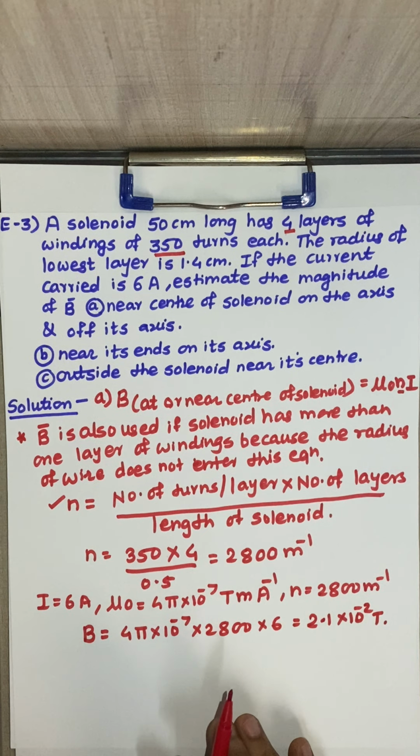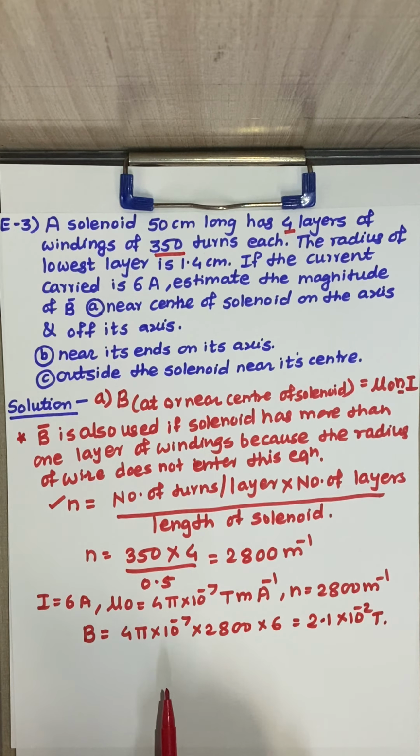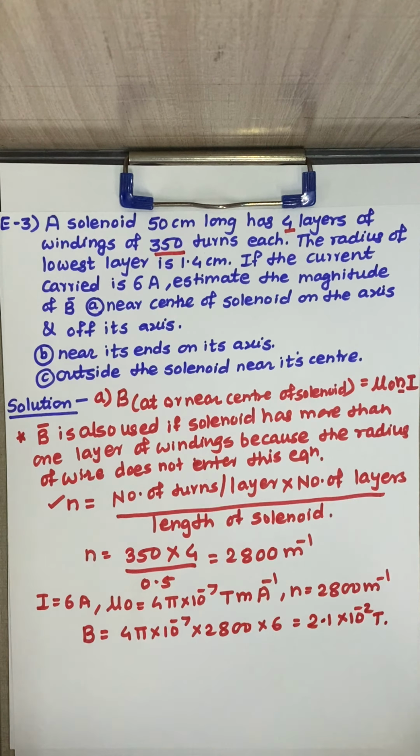Now this value of B is for both on and off the axis, because for an infinitely long solenoid, the internal field near the center is uniform over the entire cross section. So we will write down this condition so that you can understand it in a proper way.